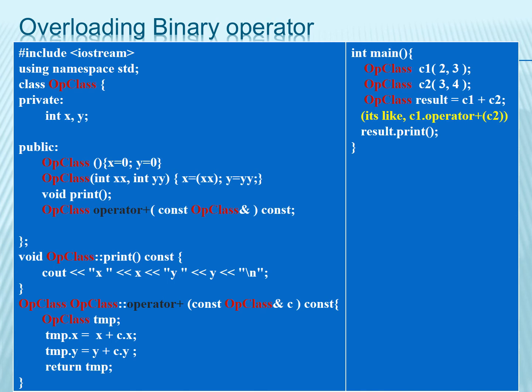It is similar to C1 dot operator plus with argument C2. The output of the operator plus function is stored in the object C2, which can be printed using the function print of the OP class.